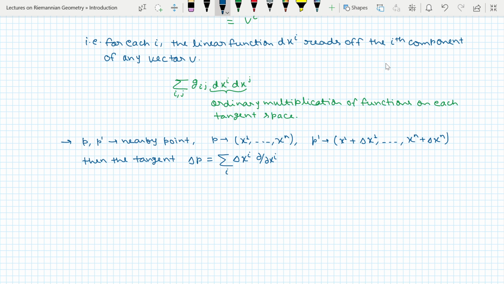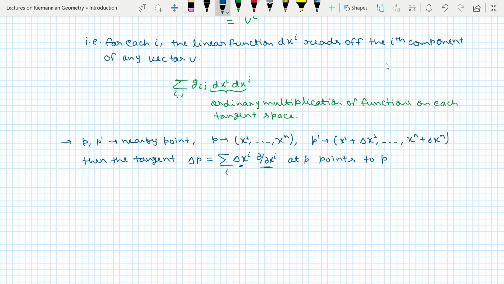You see what you are doing here: you are taking these basis vectors and scaling them by delta xi, which is actually the difference between the coordinates of these two nearby points. So approximately this tangent vector at the point P points towards P dash.